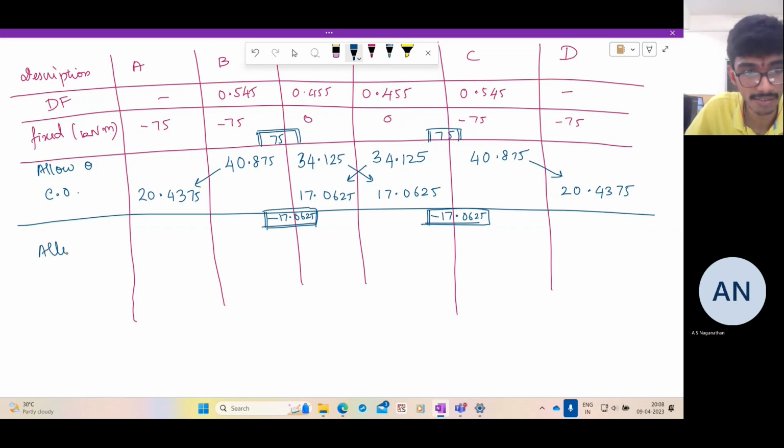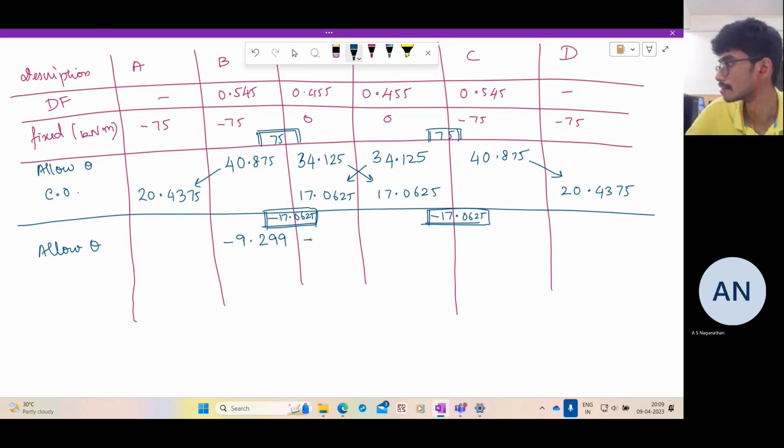Again, allow rotation. So when you do that, you need to distribute it. So what is the value? You get here minus 9.299.